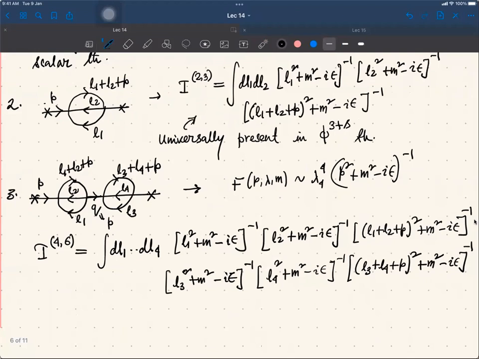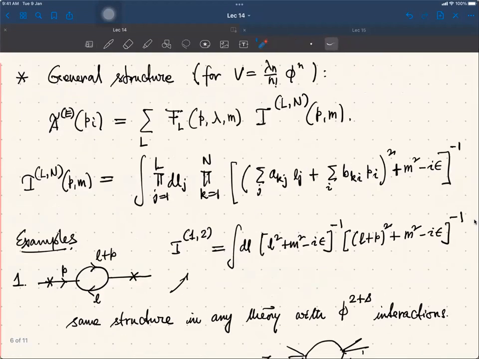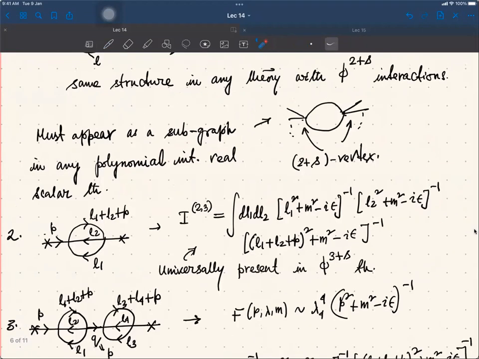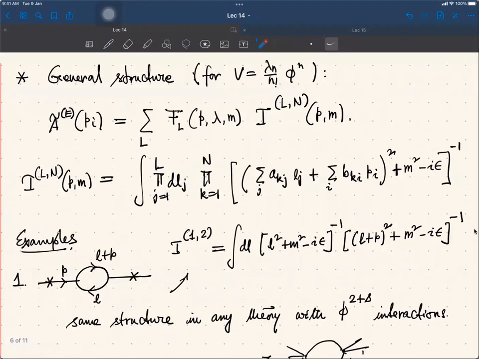So I hope this is clear, exactly what I mean by these I integrals, where I've separated the essential integration part of an amputated amplitude. And also we understand that the P dependence in the additional factor will come if the diagram is non-1PI.